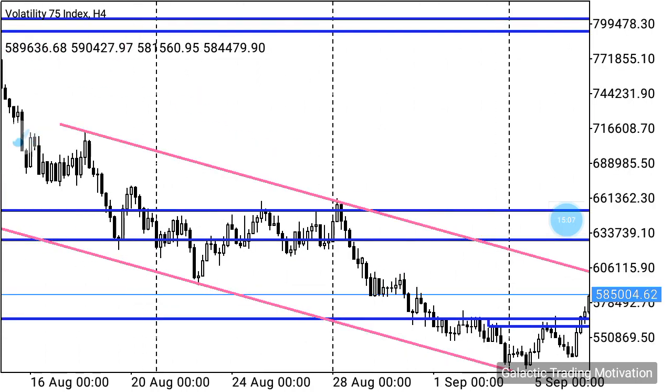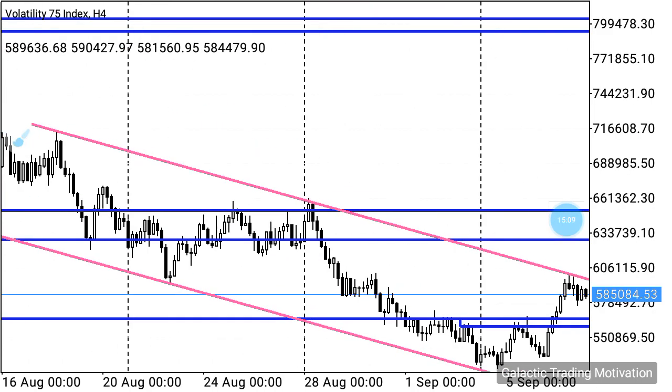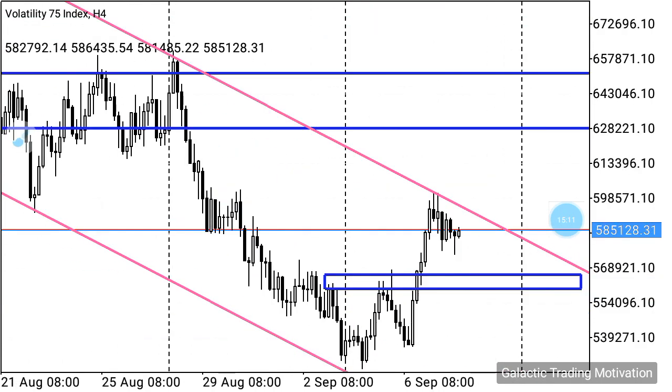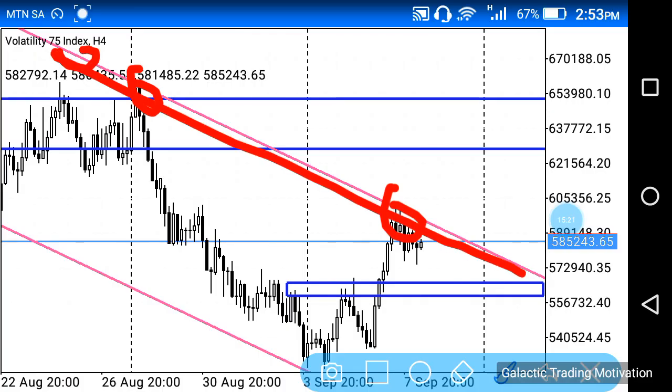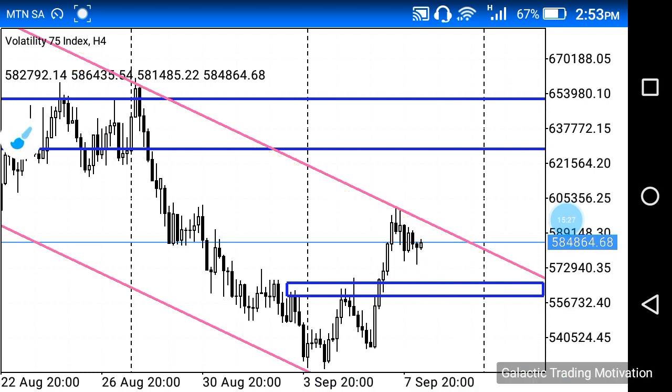Although I will tell you that a lot of traders and investors have sold at this region, and that is because of the multiple touches that they see on this trend line over here, and I think they expect price to move further down. But myself, I won't just sell based on touches of trend lines, right?